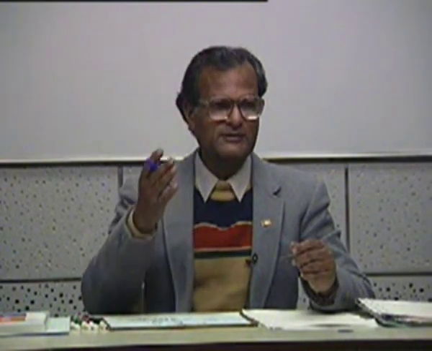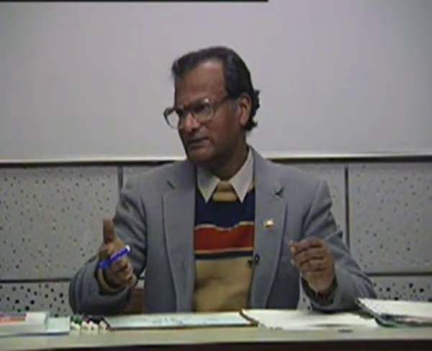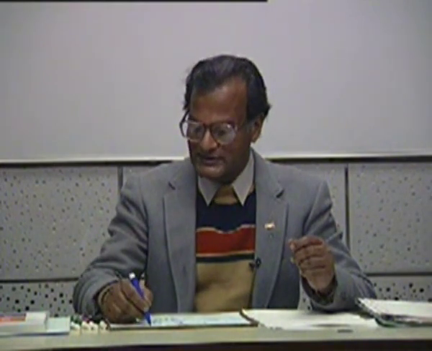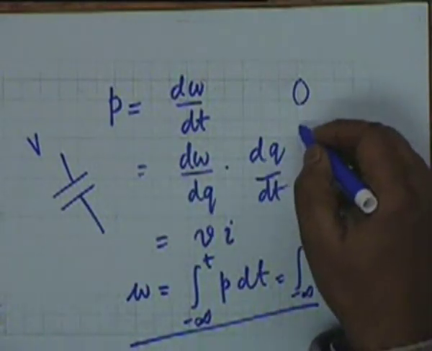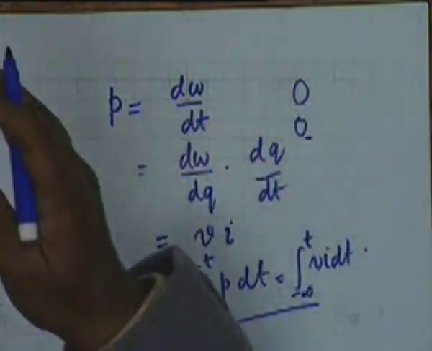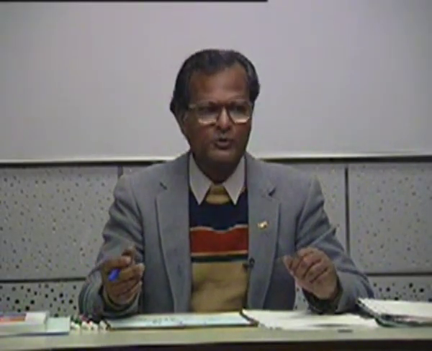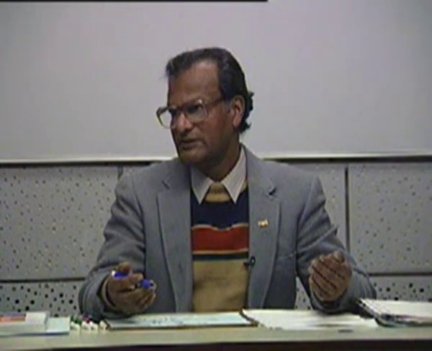There has to be a reference of time when you are considering an electrical circuit. If that reference is taken as 0, then you must see what was the condition of the circuit at 0 minus, because electrical circuits can store energy. They are dynamic devices. This is a dynamic phenomenon.